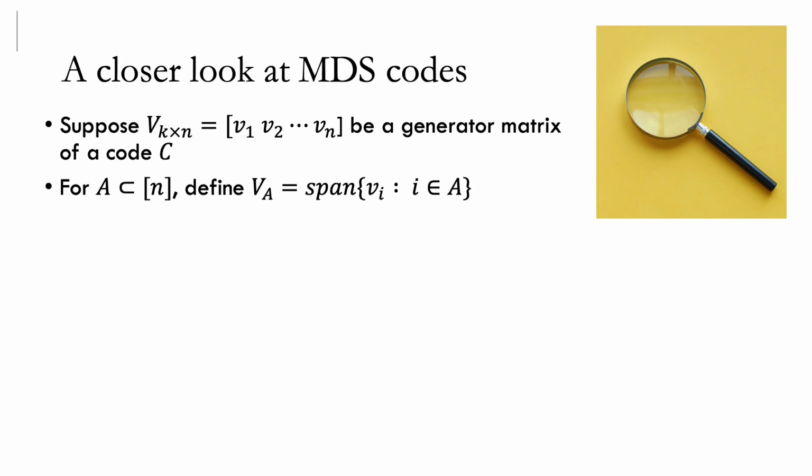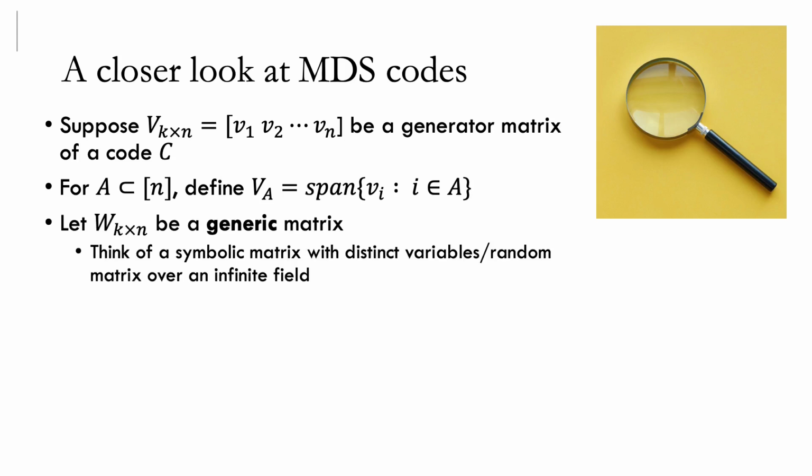For any subset A of the columns, we're going to define V sub A to be the span of those particular columns. We also have a generic matrix W, which we can think of as a symbolic matrix with distinct variables or randomly chosen values.